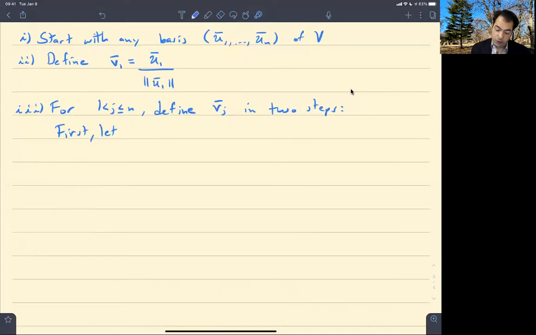So the way we'll do that is we'll define a vj tilde to be, we'll take uj and then subtract as much of vj as you can find in the previous ones.